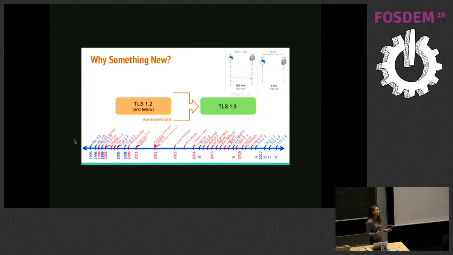And QUIC is really fast. It's faster than TCP and TLS on initial connections, and it also provides the zero RTT functionality, zero round-trip time, which means that the client can start sending application data with its first flight of messages. So the TLS working group was under pressure to improve the efficiency of TLS. So these two factors combined led the TLS working group to start developing TLS 1.3 in the spring of 2014.